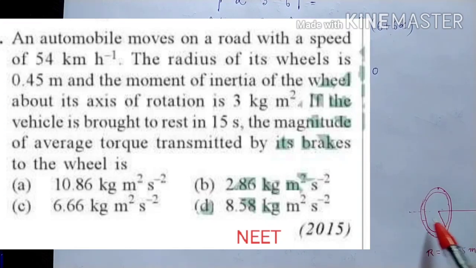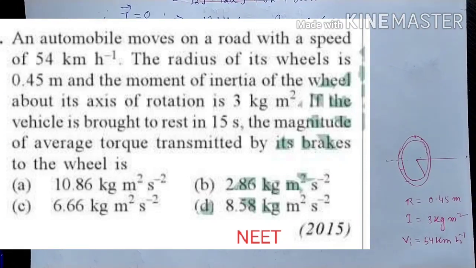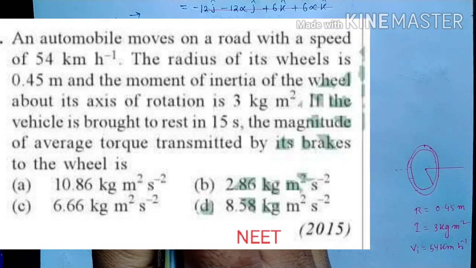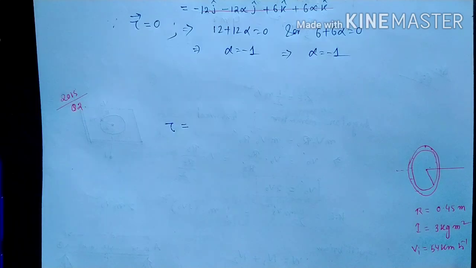Moment of inertia of the wheel with respect to that axis of rotation, I, is also given as 3 kg meter square. Its initial speed VI is also given, 54 kilometer per hour. You need to determine the magnitude of torque for which the wheel comes to rest.